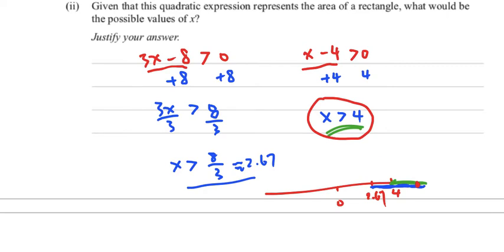Now, if you do somehow choose this one, which is definitely not right, because that satisfies this blue one, but it's not satisfying the green one, which is x bigger than 4. You can see it only gives you 3x minus 8 bigger than 0, but x minus 4 is going to be negative. So hence it won't be correct. We want the strict one, right? Satisfy both sides, must be bigger than 0. So answer, x bigger than 4.